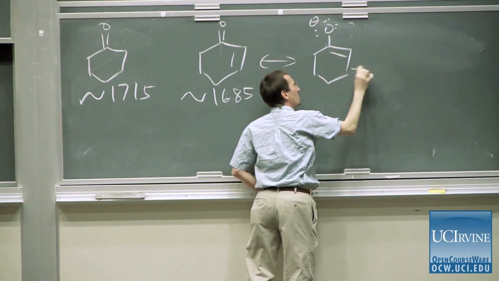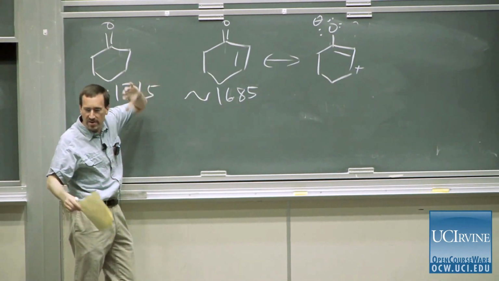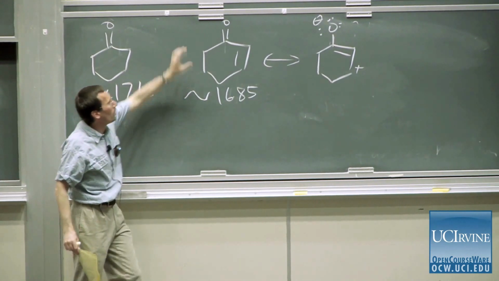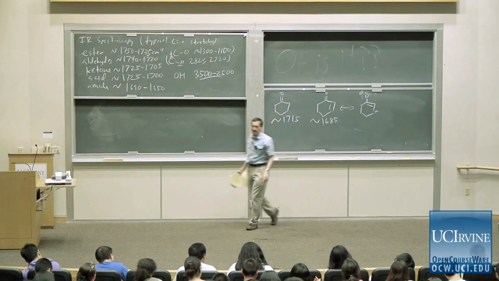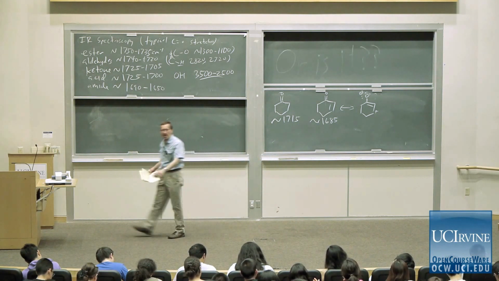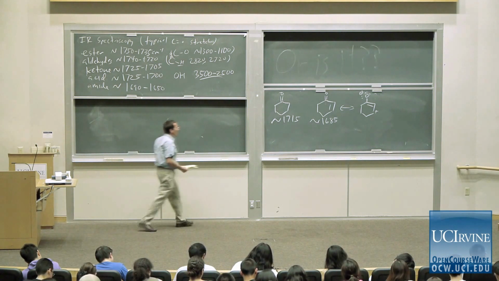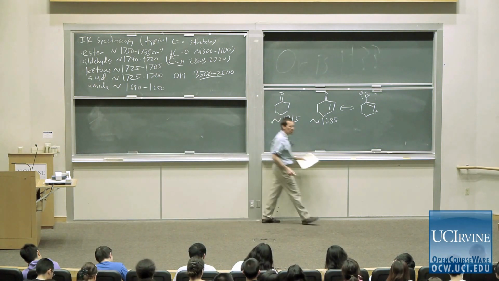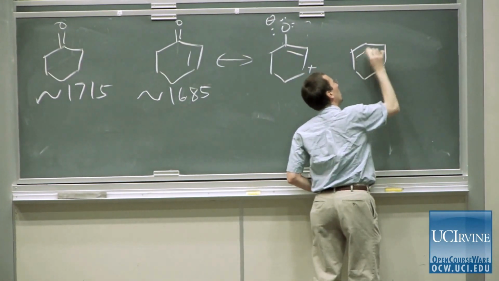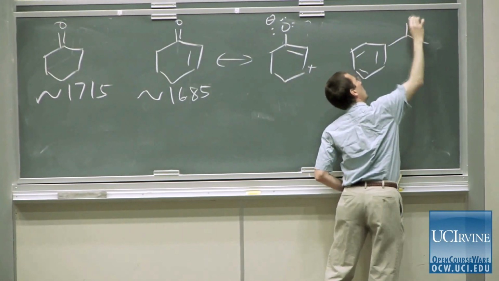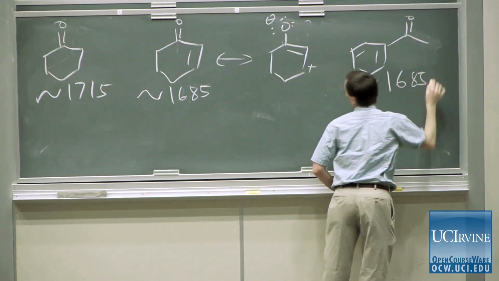It's a minor contributing structure, but it shows you how collectively the various pictures of the molecule indicate that the carbon-oxygen double bond isn't quite as strong, so it doesn't stretch at quite as high a frequency. This same type of effect occurs in other alpha, beta unsaturated carbonyl compounds. For example, in acetophenone, the ketone is also at about 1685 wave numbers.